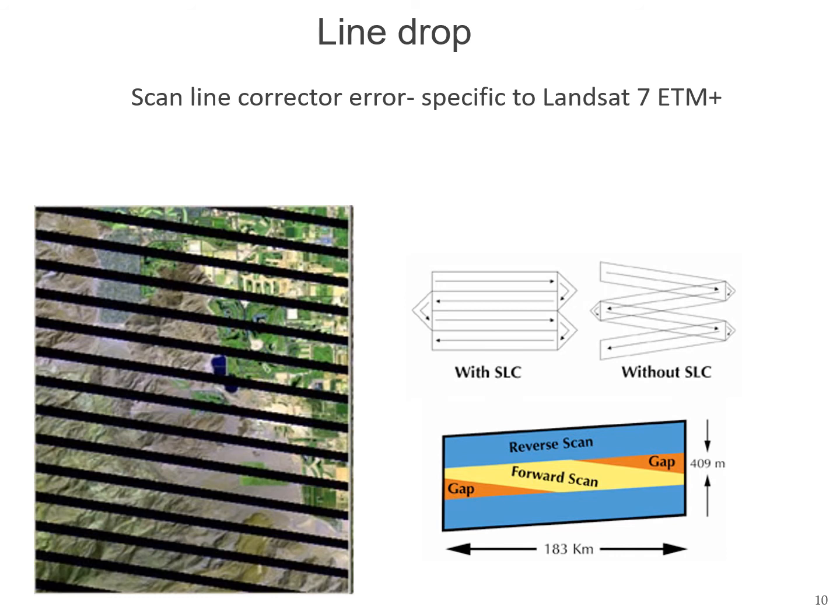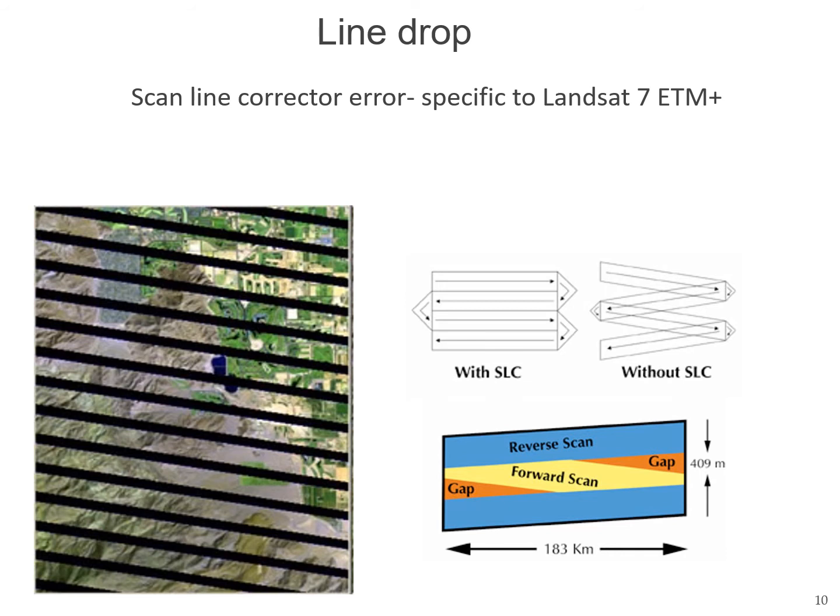What the SLC does is move the field of view, the area you're observing on the ground, backwards with a mirror. So the field of view relative to the satellite is moving backwards, but the satellite is moving forward.